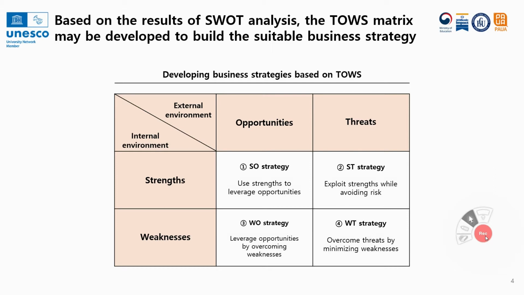In building the relevant strategies, we think about those 4 different factors of opportunities, threats, strengths and weaknesses. We just combine two of those 4 elements. The first one is the SO strategy. SO strategy is using strengths to leverage opportunities.